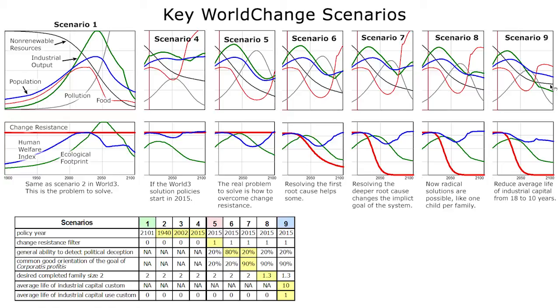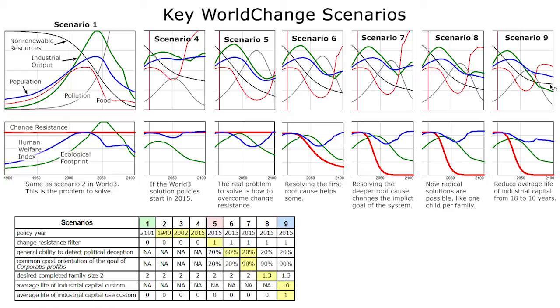That's due to a counterintuitive solution that seems just terribly inefficient. We've reduced the life of industrial capital from 18 to 10 years. We're throwing away capital. It's a solution we couldn't consider before because it was unprofitable. But now we can consider such solutions because the system has the right goal.